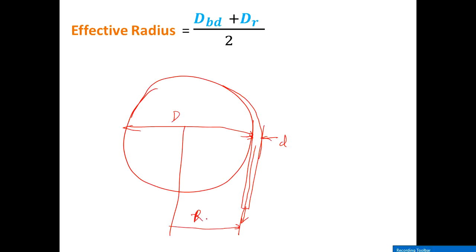The effective radius is R plus small r. R is D by 2, small r is small d by 2. Therefore, the effective radius is equal to D plus small d divided by 2.